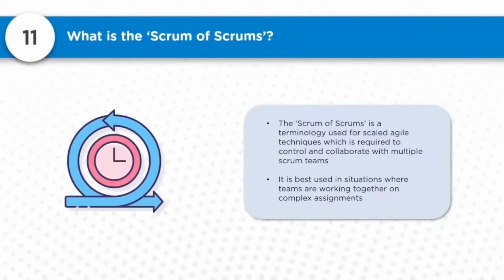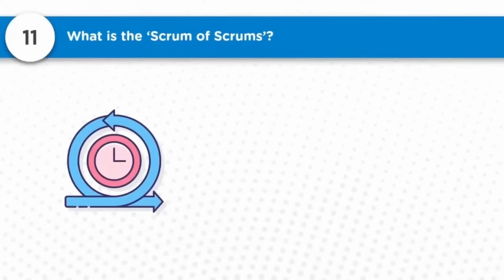It is best used in situations where teams are working together on complex assignments. Just visualizing the system, there are various different deliverables which are not simple deliverables that we can do with a simple Scrum team. Instead, we have various different deliverables which need to be made, and the dynamics are too complex. So for bigger projects, Scrum of Scrums approaches can be taken, scaling the Agile methodologies to that level.